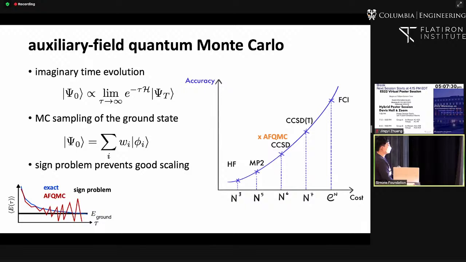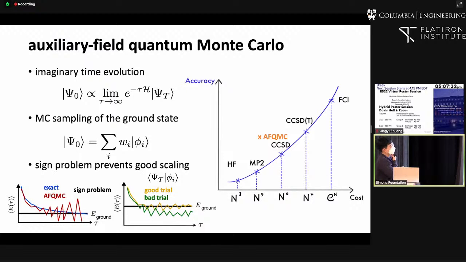So in practice, what we do in AFQMC is to impose a set of constraints based on the overlap value between your statistical sample wave function, or walker, and an a priori chosen trial wave function psi_T. If you have a good trial, meaning the quality of the trial wave function is close enough to the exact ground state, then you will closely approximate the exact ground state in the long tau limit.